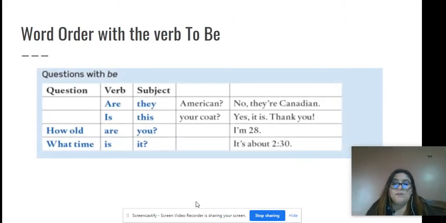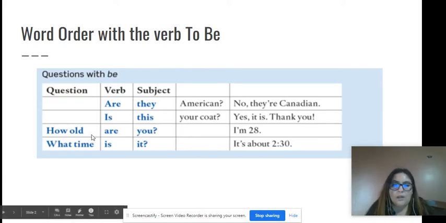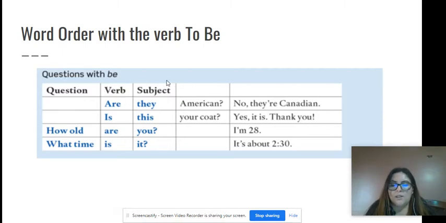Specifically with questions, we have an order that we need to follow. When we use a yes/no question, remember, yes/no questions are the questions that you can answer with yes or with no. So, you have here two examples. Are they American?